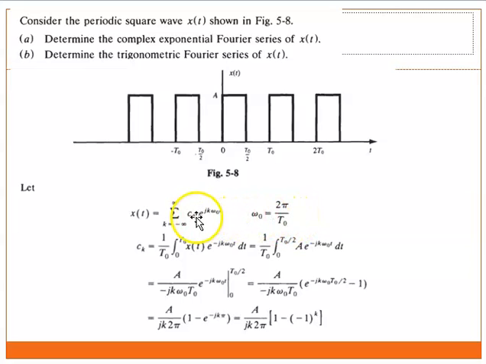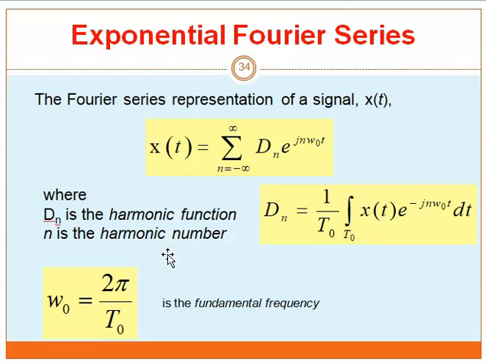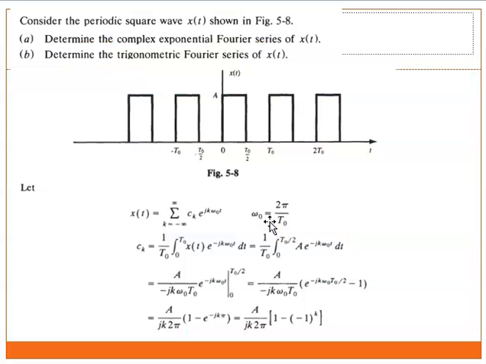So how do you find Ck? Ck is equal to 1 over T0, using this equation over here, the integration from 0 to T0 of x(t), the given signal, times e^(-jkω0t) dt. This would be equal to 1 over T0, integrated from 0 to T0 over 2, because we are taking one cycle of this square wave, times A, where A is the amplitude: A times e^(-jkω0t) dt.